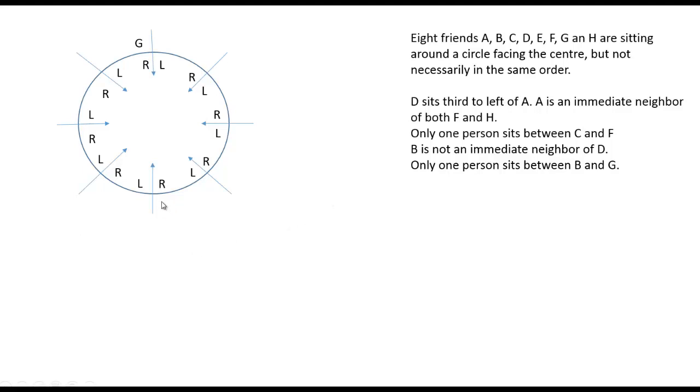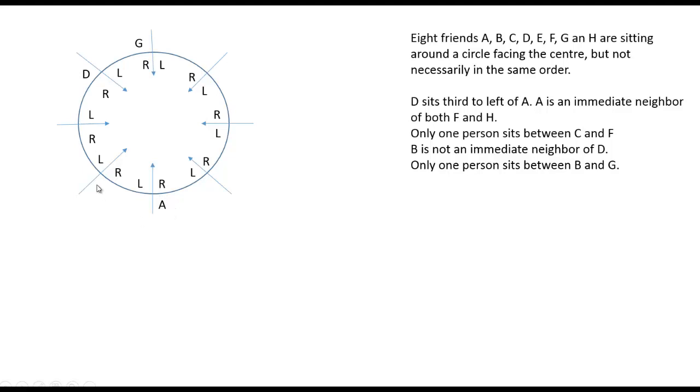Let A is sitting here, and D sits third to the left. So go in the left hand direction, that is in a clockwise direction, first, second and third, and so D sits here. Now the second condition is that A is an immediate neighbor of both F and H. This is the A sitting here.